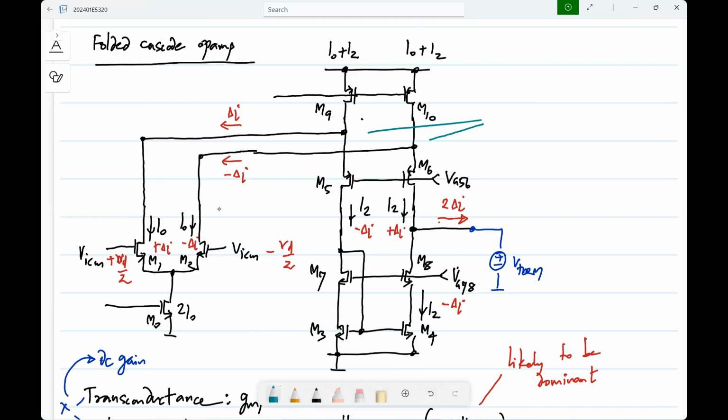What determines the operating point there? It is VG56. So if you have VG56 here, M5 and M6 will have some VSG. So VG56 plus that VSG will be the operating point over there.